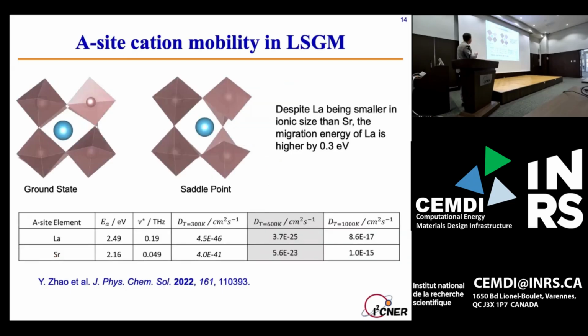Then we moved further to A-site mobility within those materials, or lanthanum mobility within those materials. We calculated the jump of lanthanum into the neighboring site and the jump of strontium into the neighboring site.